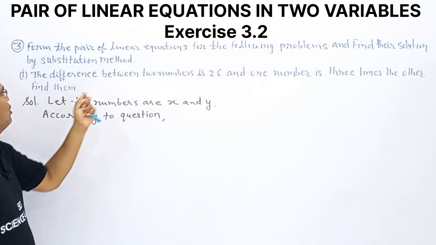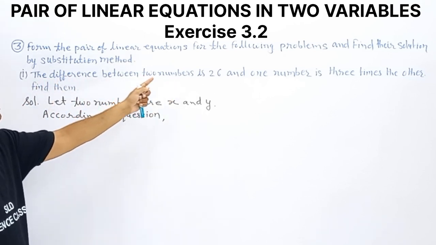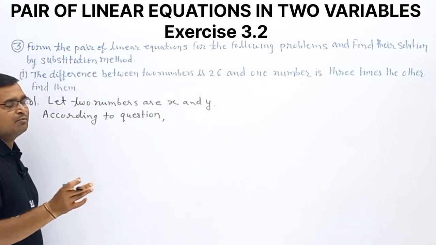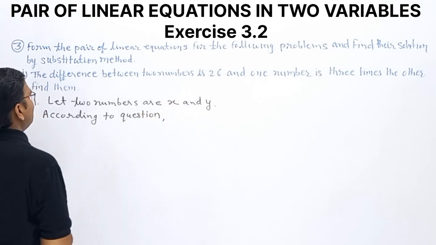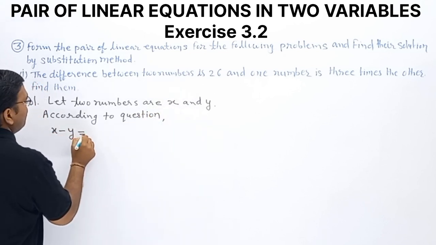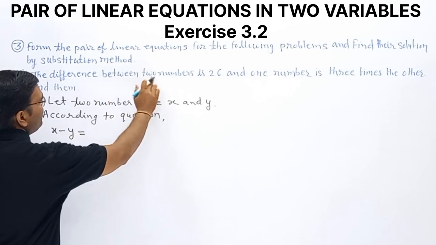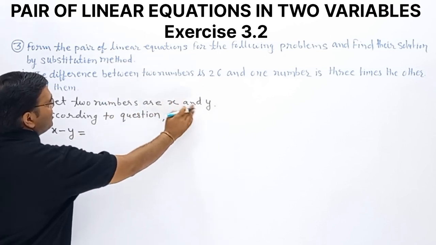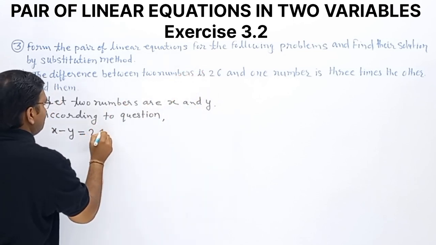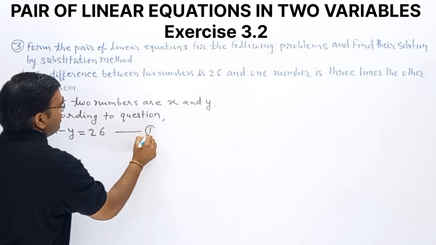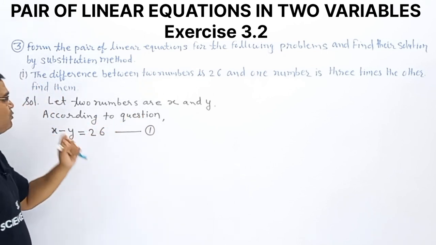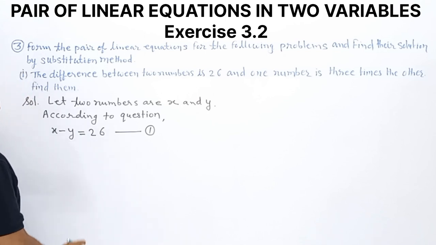Difference means minus, so x minus y equals 26. This is a linear equation in two variables. Clear? The first equation is generated.